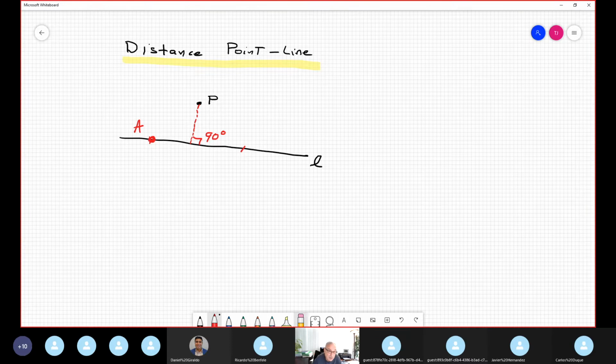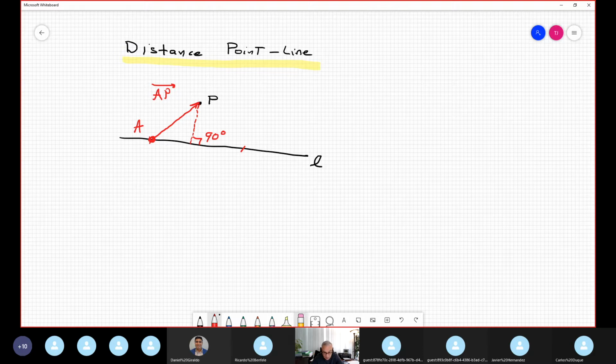Then you can determine one vector here. Okay, this vector is AP, no? AP vector. So the algorithm is, we have a point P, we have the line L. We can determine one extra point on the line, I call A. Okay, I have the second point.